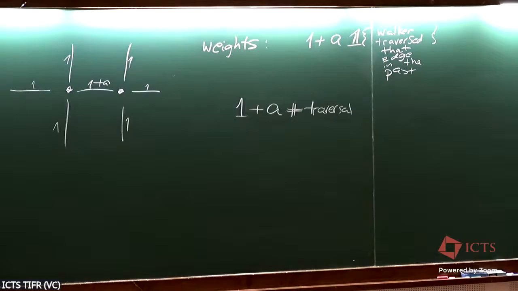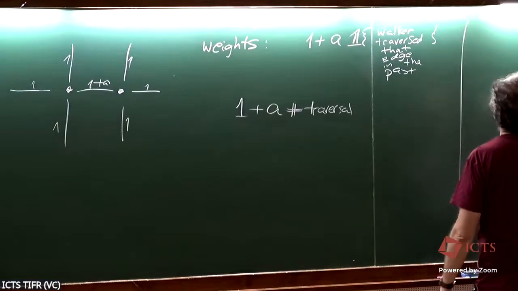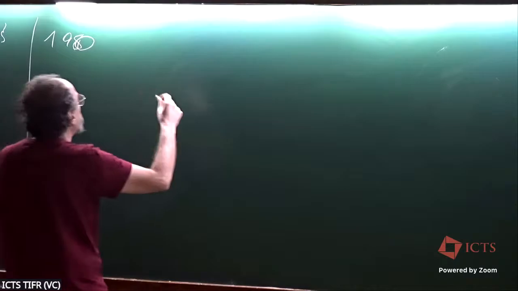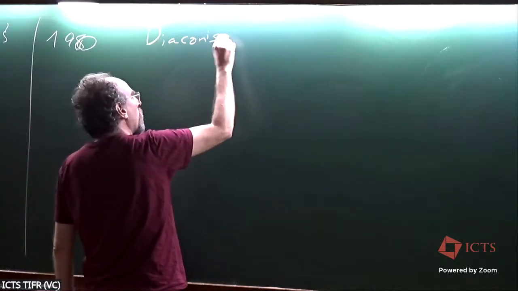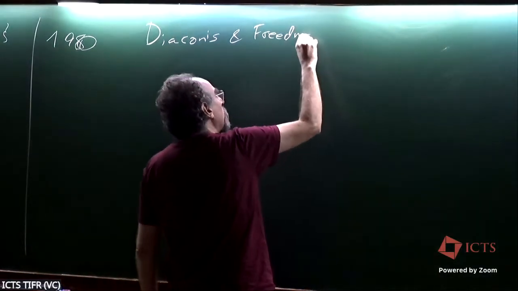Okay. So let me talk a little bit about the history. The linearly reinforced case was the first that was studied. This started from works in 1980 by Diaconis and Friedman. They studied exchangeability.